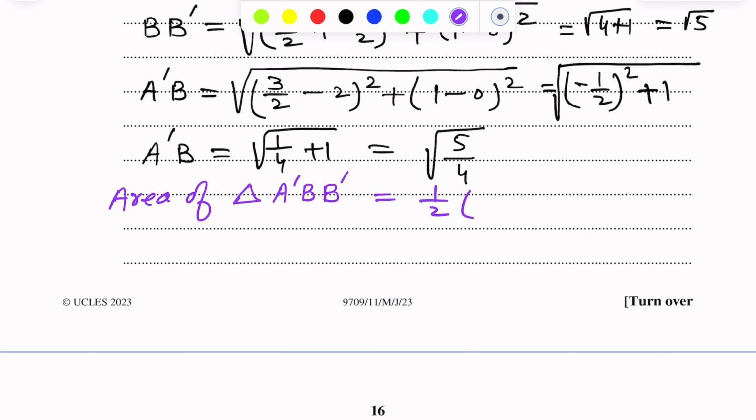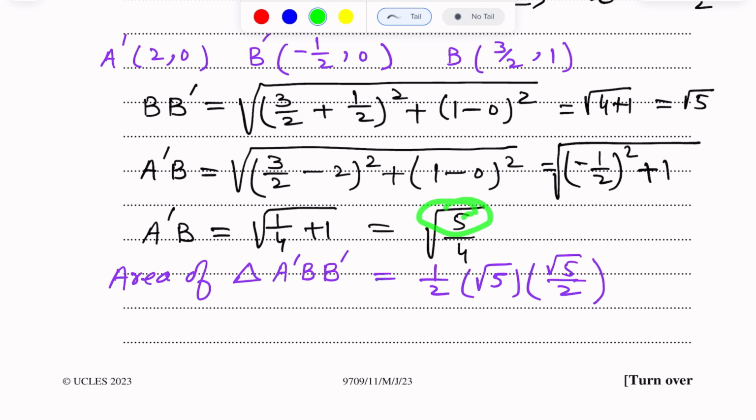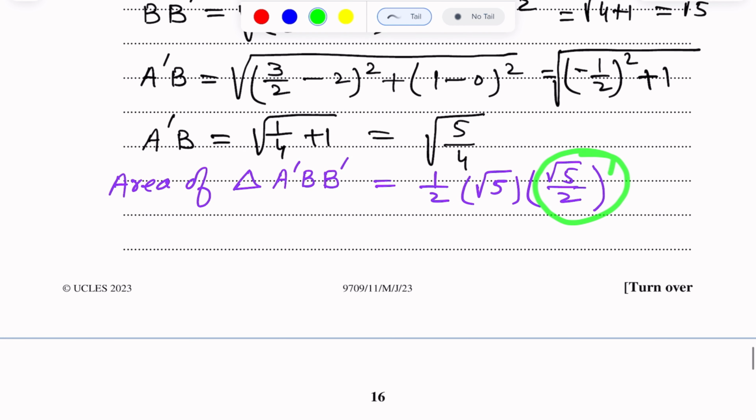We are taking this length as the base and this as the height. 1 over 2 root 5 into root 5 over 2, because we can write this as root 5 over 4 whole under root. Taking the square root of 4 as 2, we can write it in this form.